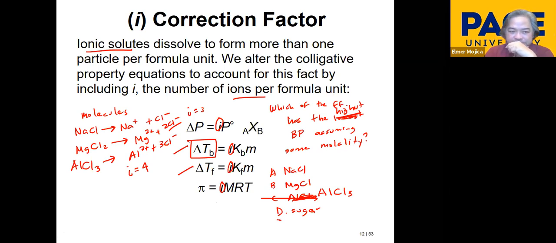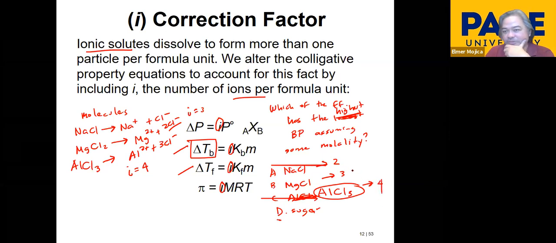Okay. So if the question is now, which of the following has the highest boiling point, assuming same molality, the answer now will be C. Why? This one will give you 2 units. This one will give you 3 units. This one will give you 4 units. Where do those units come from? The ionic compounds that you have.